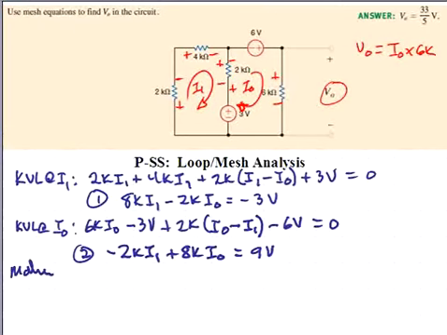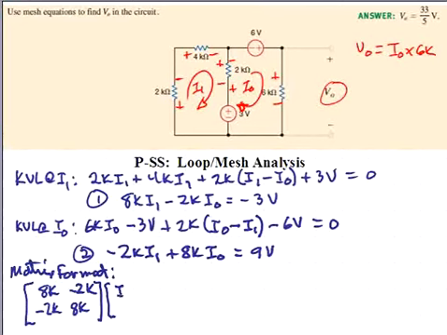We write this in the matrix format. We have 8K, minus 2K, minus 2K, 8K. This is our resistance matrix. The two currents I1 and IO.